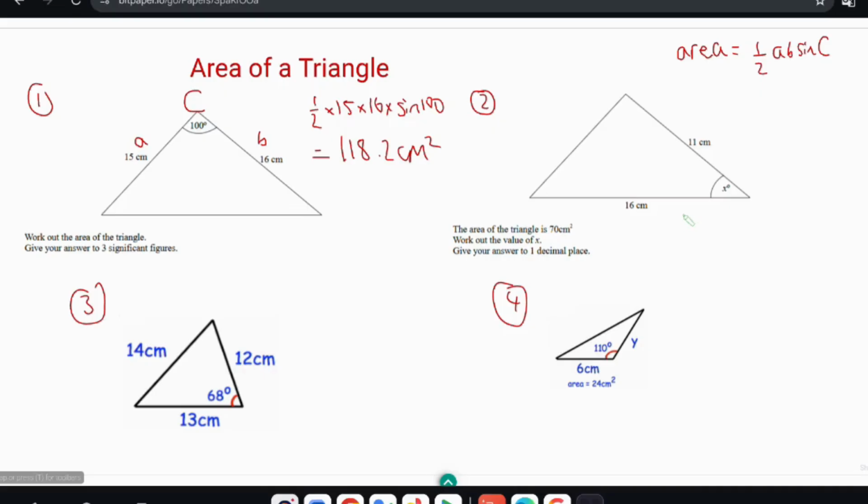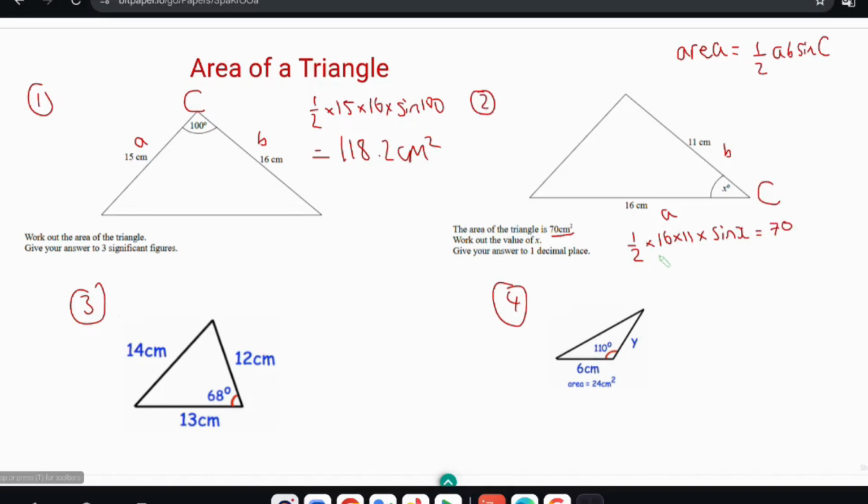Here, this time, we have a missing angle. Let's just have a look. Let's put everything into our formula. Let's label big C, a, b. We're given the area, 70. So we know half times 16 times 11 times sine x is equal to 70.